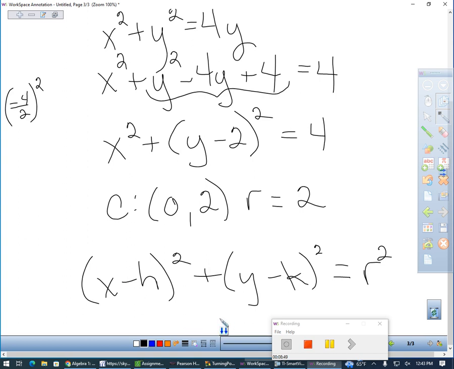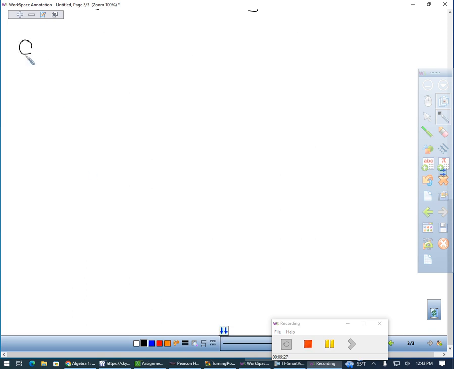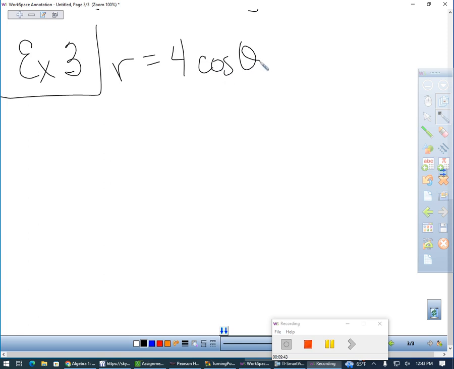Example number 3. How about if I have r equals 4 cosine theta minus 4 sine theta?